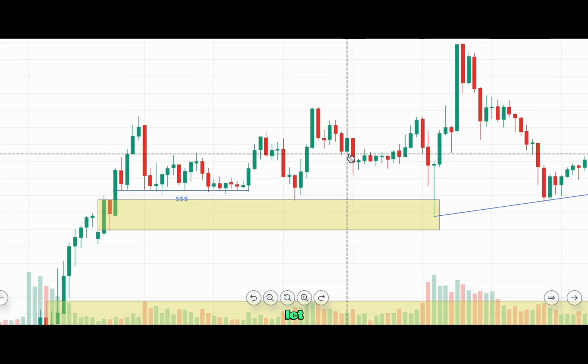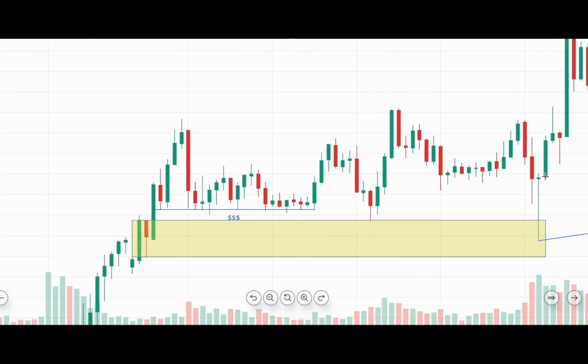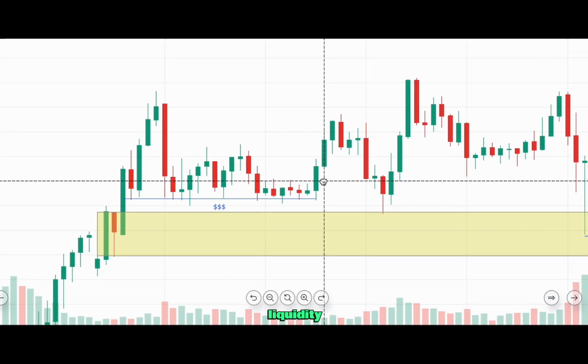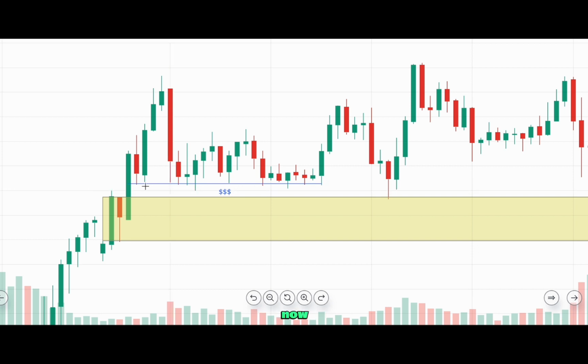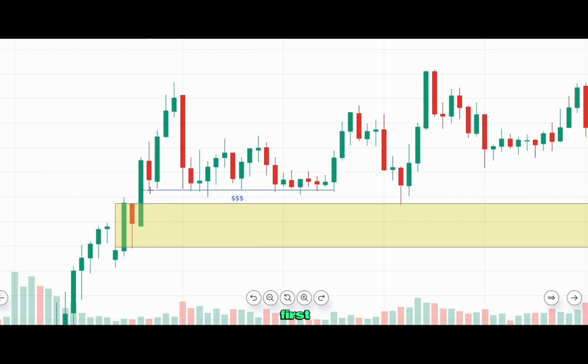So right now let us see some live examples on the real chart. This is one of the liquidity types that we mentioned just now. This is the equal low, right? We have a first support, second, third, and fourth, right?